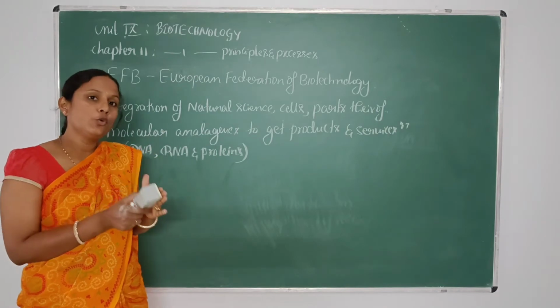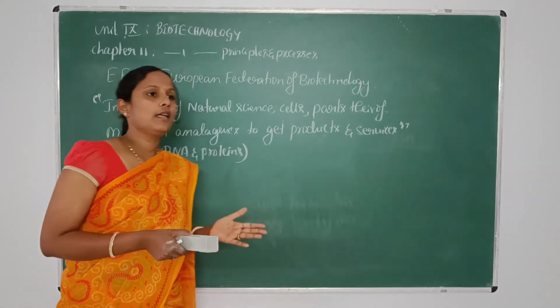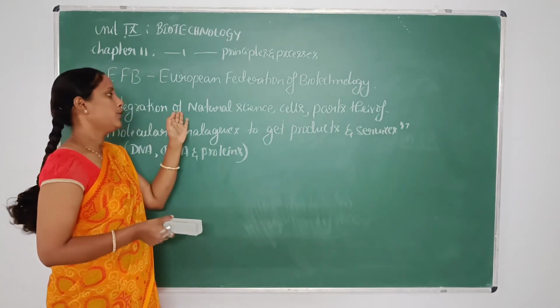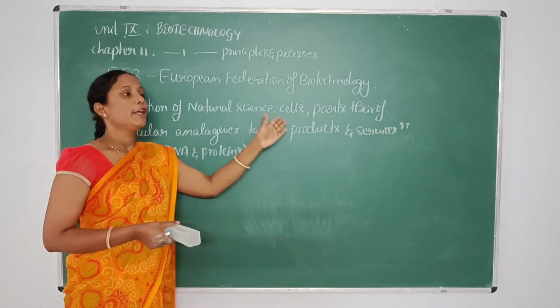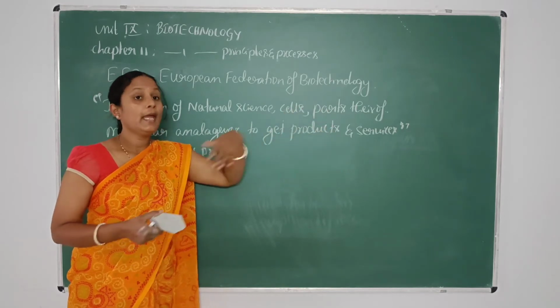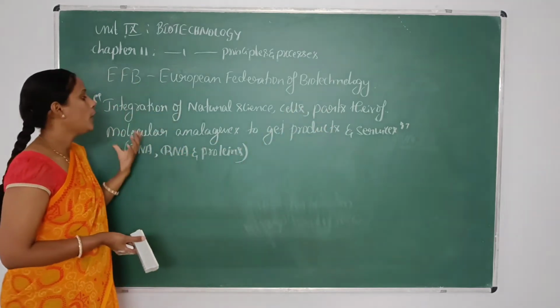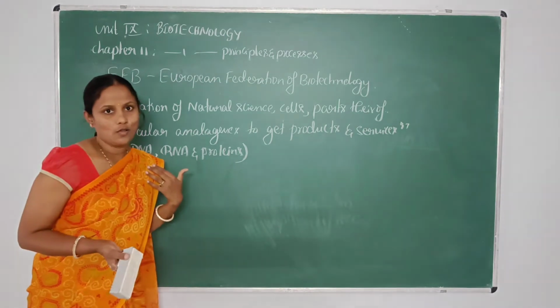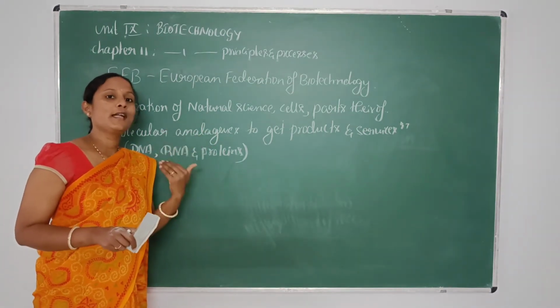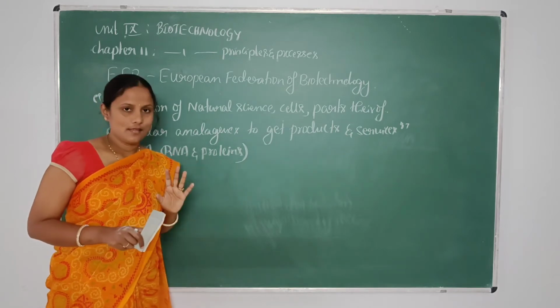That means we are using a modern technique to get products and services from these. It could be natural science, cells of an organism, a part of an organism, or the molecular analogues. From these, we will use some techniques and we will get products and services.